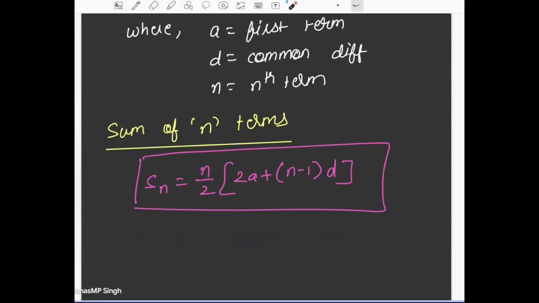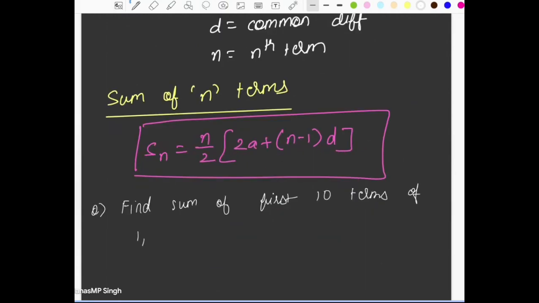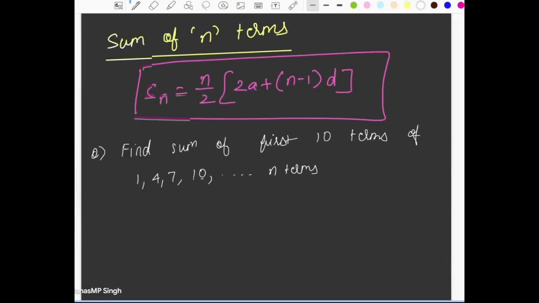So let's say there's a question: find the sum of the first 10 terms of this sequence, and we'll take the same sequence, 1, 4, 7, 10, dot dot dot up till n terms. So how do we use the formula?